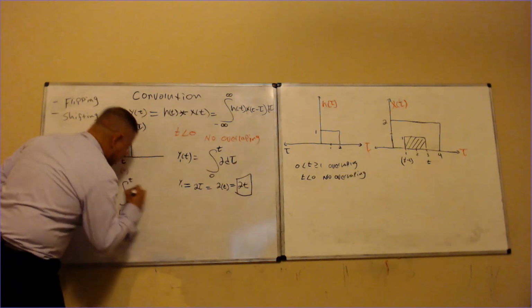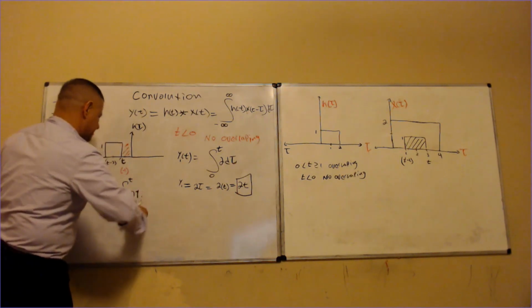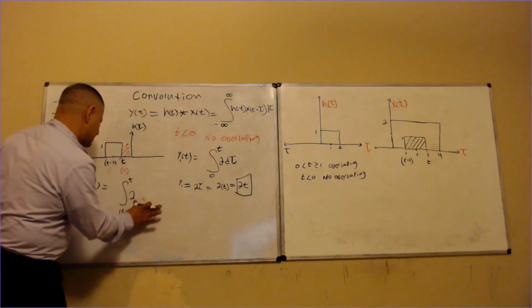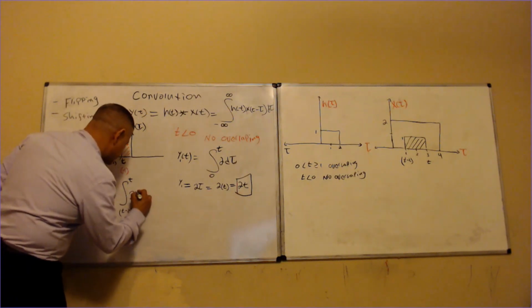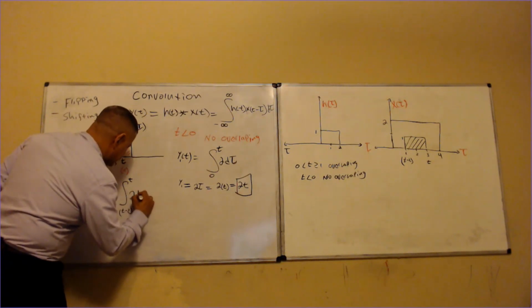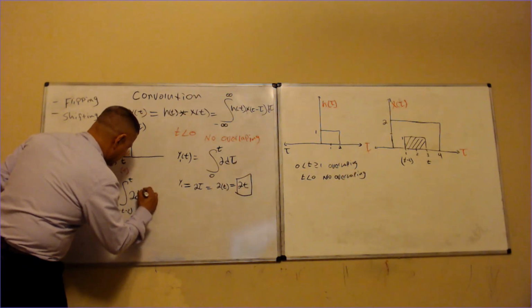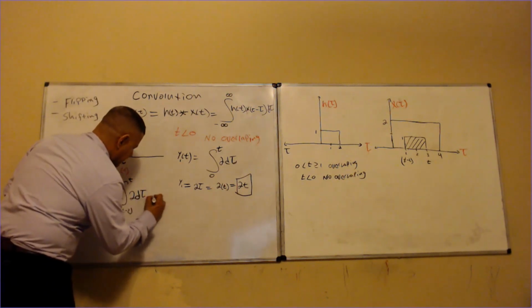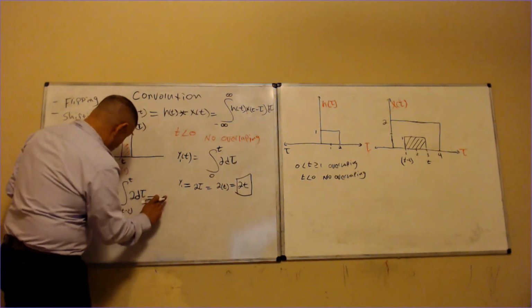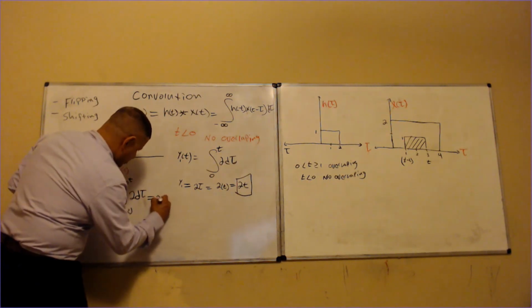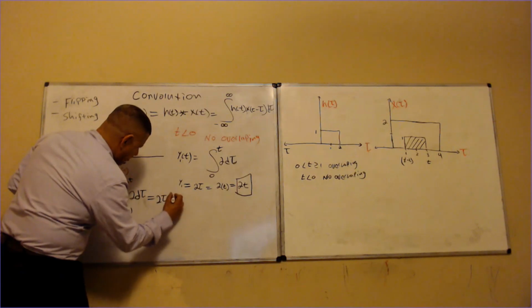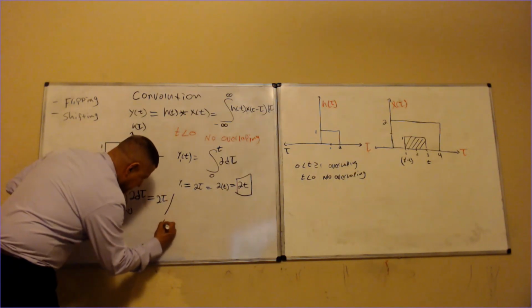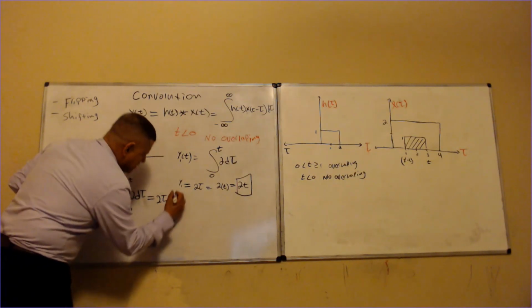All right, so 2 tau, I'm sorry, I'm kind of jumping ahead of myself, is 2 d tau, which technically is going to be 2 tau evaluated from t minus 2 to t.